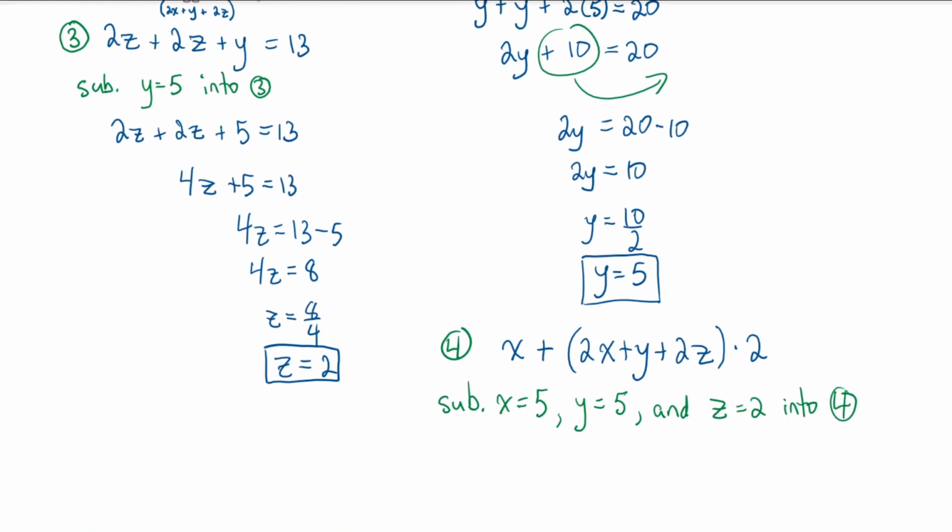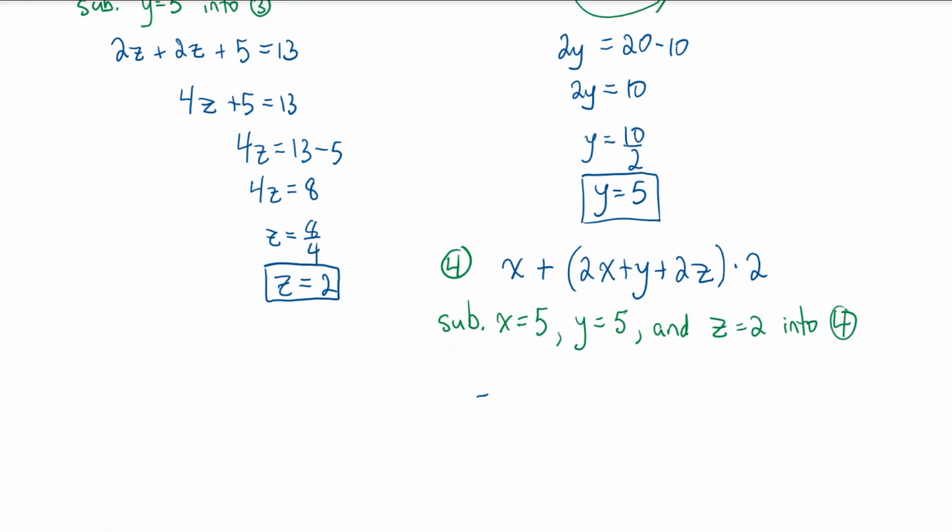When we do that, we get 5 plus 2 times 5 plus 5 plus 2 times 2, times 2. Here we can make a mistake. Using BEDMAS, we first need to do what's in our brackets.